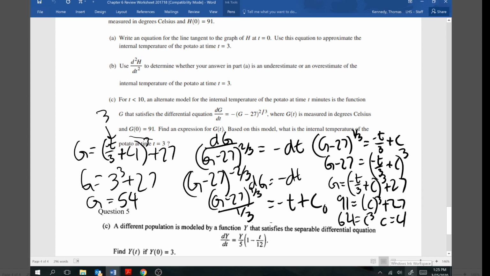And in nice symmetry, we got 54 for this answer, for our calculated answer for our internal temperature. And our estimation from part A was indeed an under approximation, because if I remember right, it was 43. And so it actually makes B seem more legit when we do that.